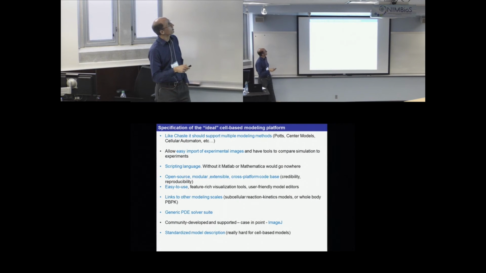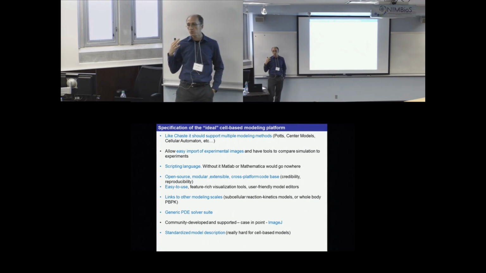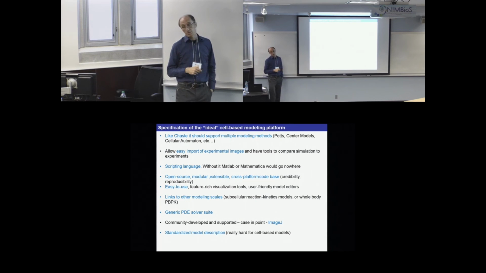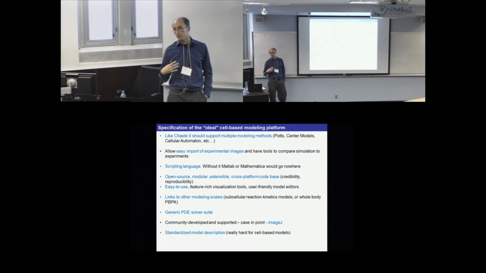What would be the ideal specification of a cell-based modeling platform? I like Chaste in the sense that it supports many modeling methods, and I think our platforms should not focus on just one method. It should allow easy import of experimental images. A scripting language, just like MATLAB or Mathematica would be nowhere without it, is essential, at least for fast prototyping.